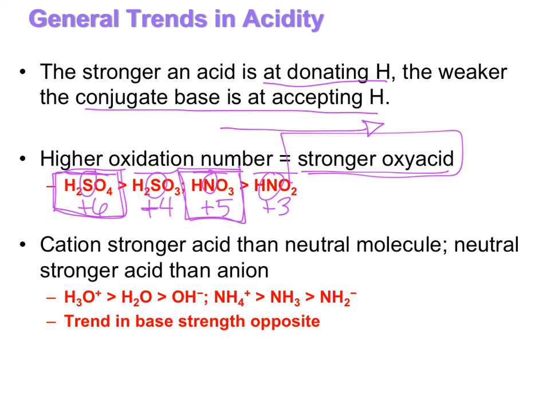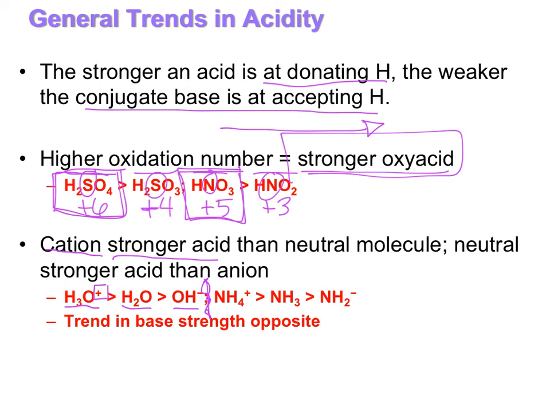We also have this trend where we look at a cation versus a neutral molecule and then an anion. The cation will be the stronger acid out of the three. So here we have two sets, right? First we have the water family. H3O+, which is a cation, is a stronger acid in comparison to H2O and then OH-.